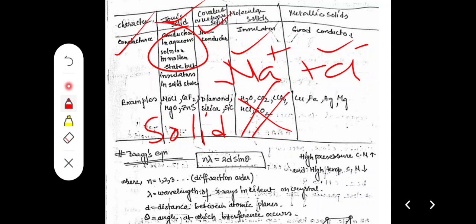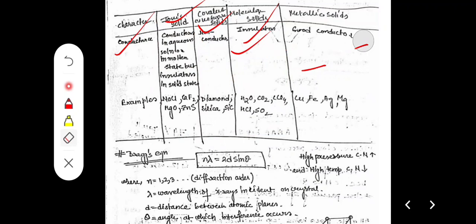So we can say covalent or network solids are non-conductors. Molecular solids are also insulators similarly, because there is no chance of cations, anions, or electrons. Metallic solids are good conductors, because there are free electrons, and they are responsible for carrying electricity.